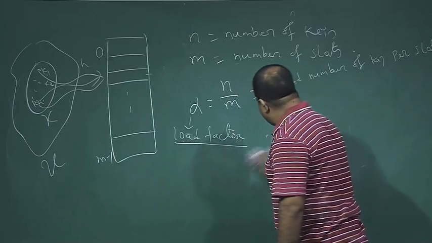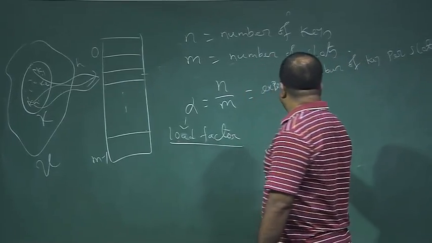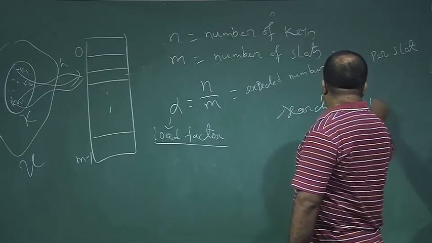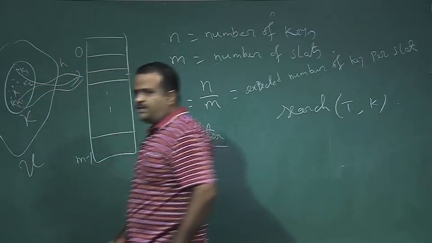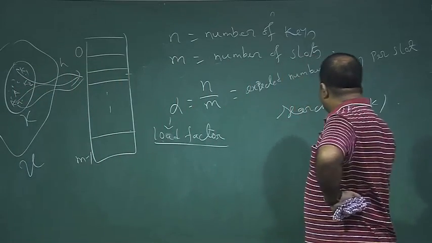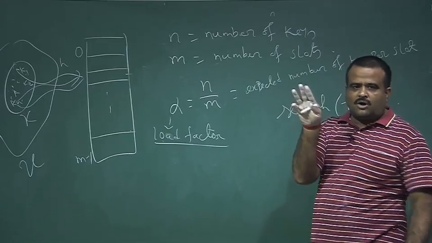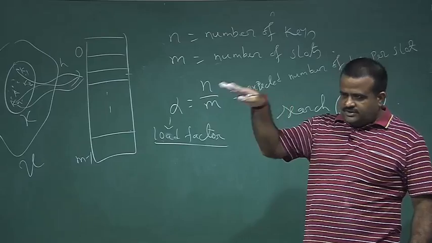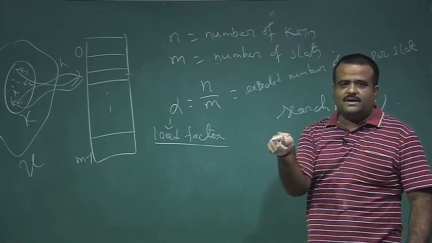Now, if our hash function is a good hash function, then how much time will we take for searching a key? How to search a key? We want to search a key k. What do we do? We first have to apply the hash function. So, one hash function computation is required, then we reach the slot, and in that slot we are expecting alpha keys colliding there, since we have the chaining method.